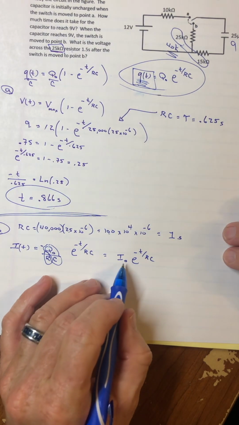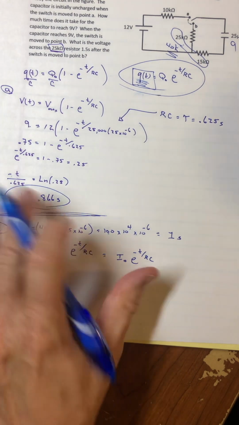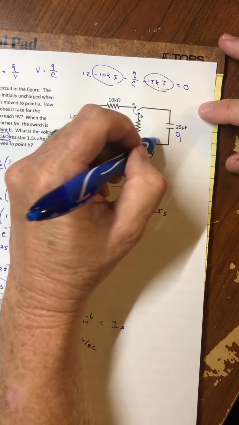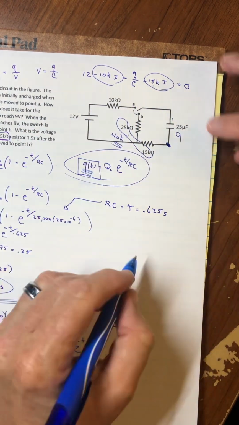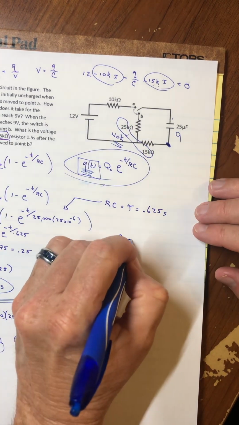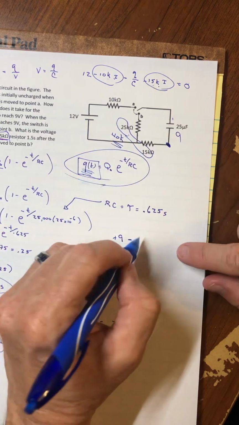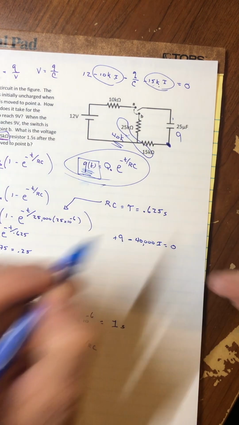And so let's take a moment to think about the initial current. Because if we do a loop right here, and I'll start on the lower right-hand corner and we'll do a loop right here, plus 9. But then we're going to go minus, and I'll just think of these two as 40,000 times the current, and I get back.